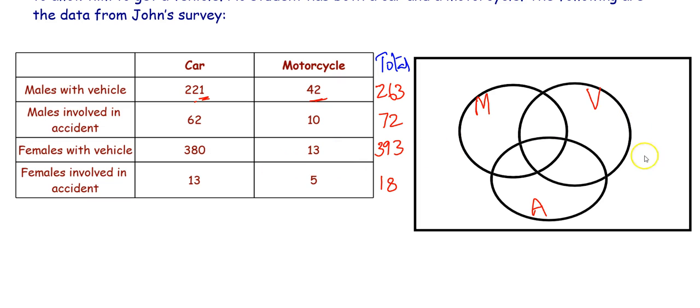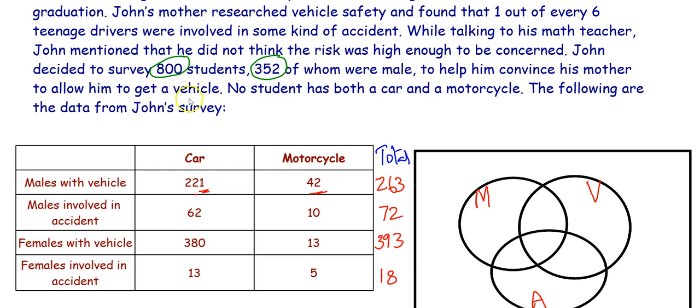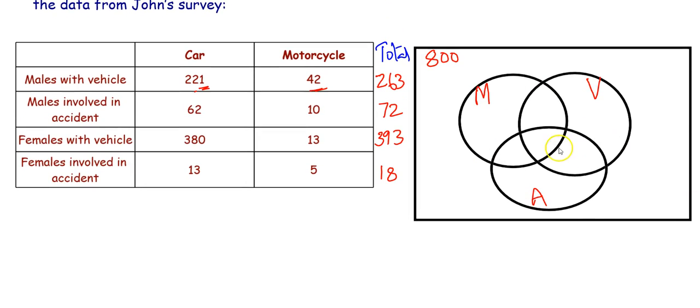And already we have on the top here the total number of students, they are 800. So in this universal set, the whole rectangular box gives the information of all 800 students. 352 are males, you got it here. That is the total number of males.